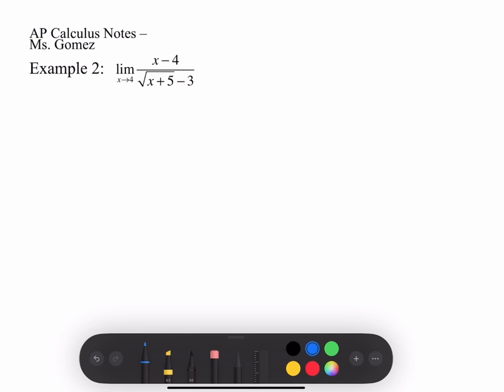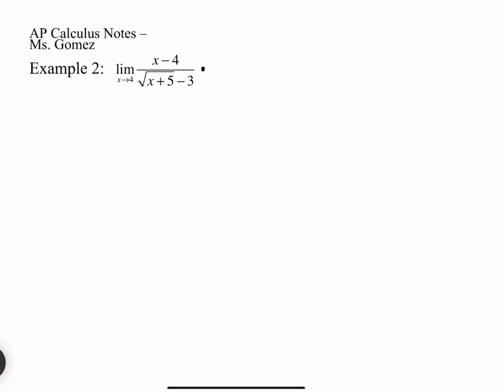And instead of the conjugate being used in the numerator, I'm going to use the conjugate in the denominator because of that radical. So I'm going to be multiplying by radical x plus 5 plus 3. Instead of the minus 3, it's going to become plus 3. And I'm also multiplying that on top.